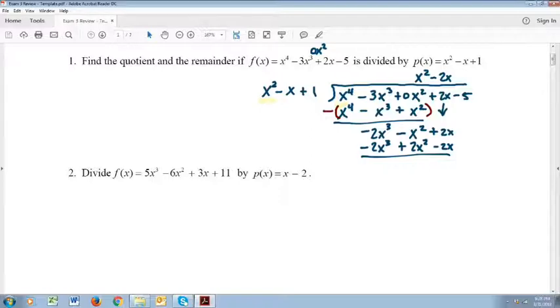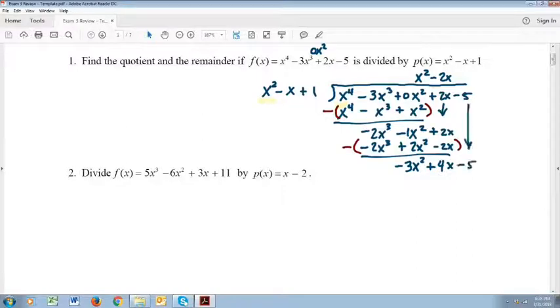Again, we're just multiplying negative 2x times each of the three terms in the divisor, and then we're going to subtract. We're going to end up with negative 3x squared, because we're adding negative 1 and negative 2. And then 2x minus negative 2x will be a plus 2x, so we get 4x.